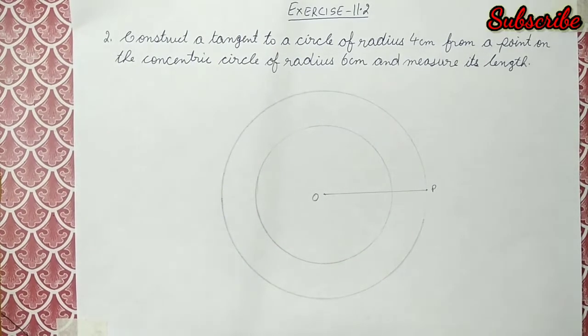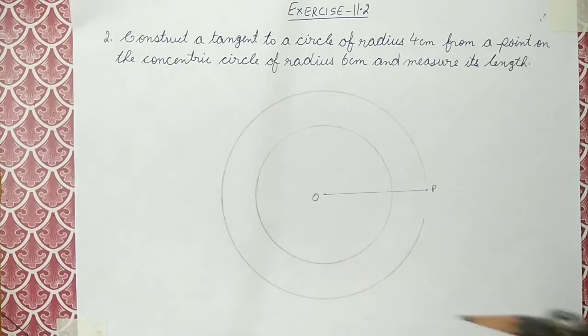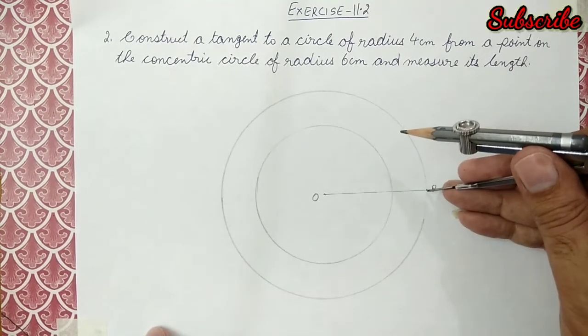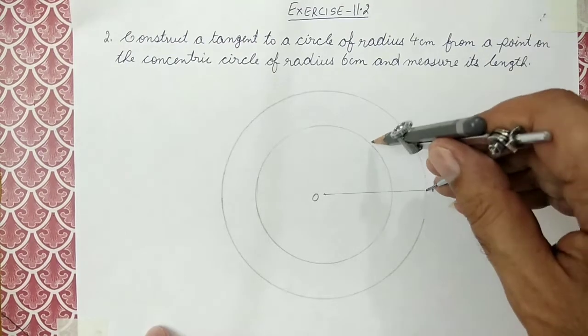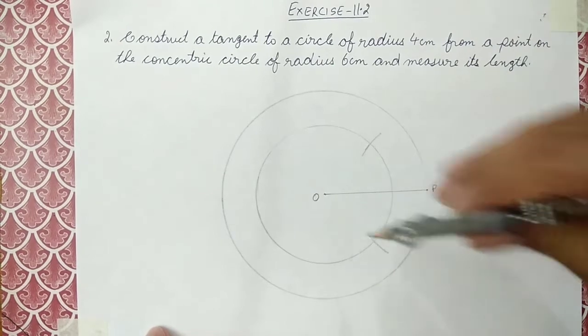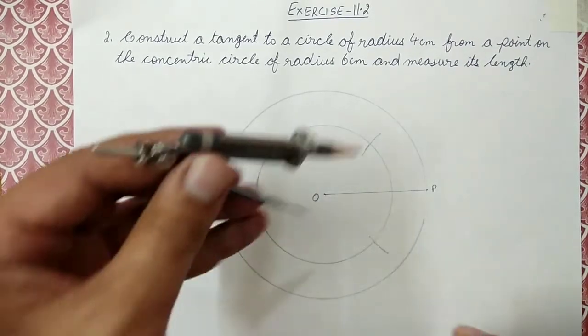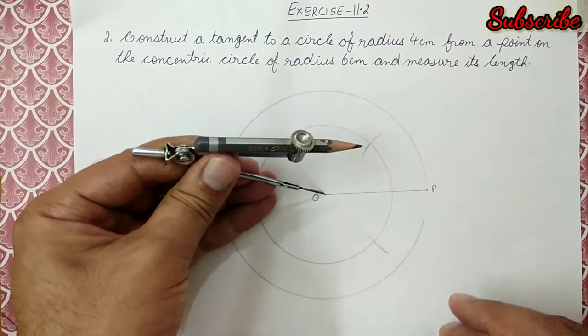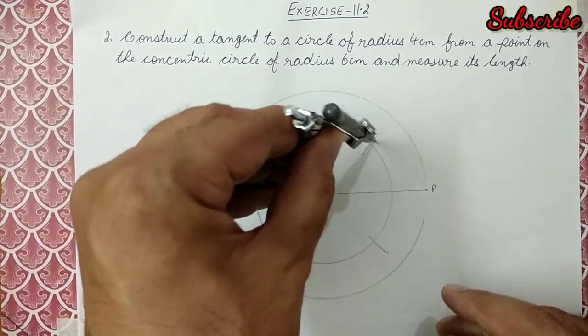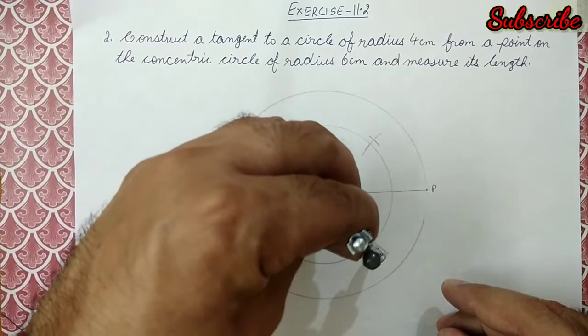Now the next step is obviously to draw the perpendicular bisector of this line. So again, open the compass more than the half. Keep it on point P first. Just draw an arc. And then here, and then you keep it at O. So here and here.